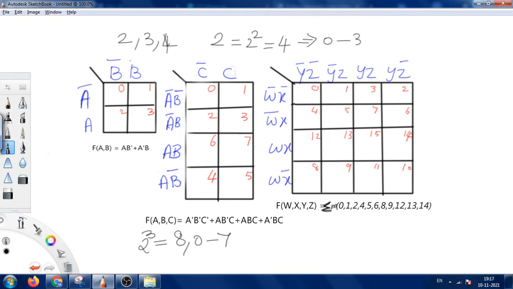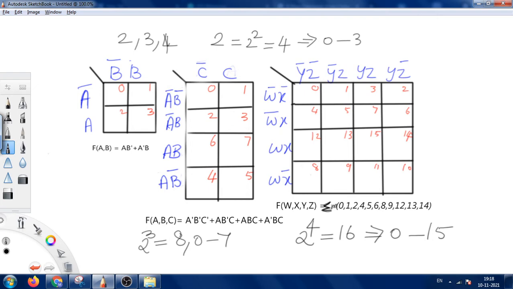And likewise for a 4 variable Karnaugh map, the values are 2 power 4, which is equal to 16, ranging from 0 to 15. So we can see here 0, 1, 2, 3, and this is the way it is numbered. It has some meaning. So 0, 1, 2, 3, 4, 5, 6, 7, and then we have to skip one row here.